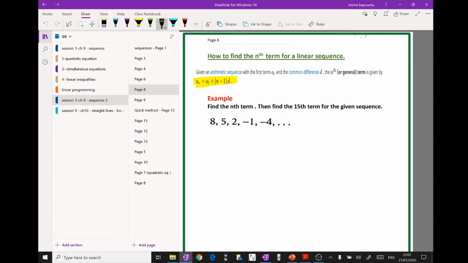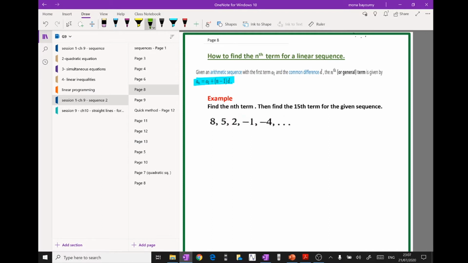To find the nth term, we have a formula. This formula is an equals a1 plus n minus 1, all times d. What's an, what's a1, what's n, what's d? Okay, an is the nth term.